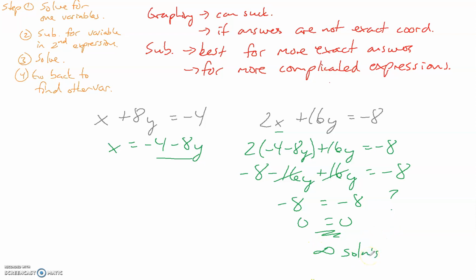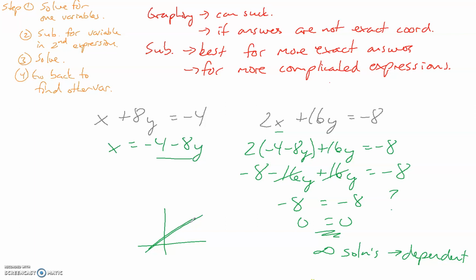Okay, remember we talked about the different types of linear system relationships? This is one of the dependent ones. So this dependent relationship, if we graph these two expressions, these two graphs would have been right on top of each other. So this is one of the ones where all the coordinates are equal to each other.